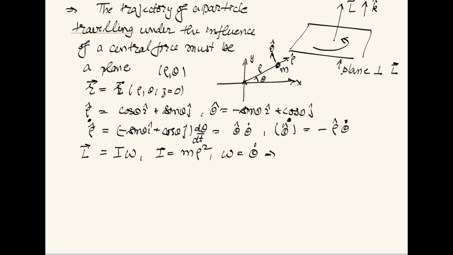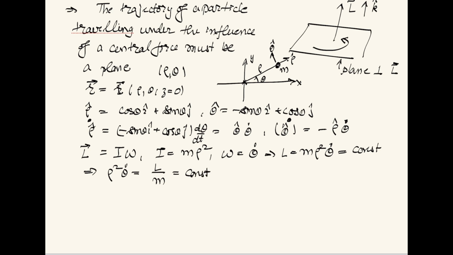Therefore I find that L is equal to m rho squared theta dot, but I am told that this is equal to a constant. So rho squared theta dot is equal to L by m, and that is a constant.